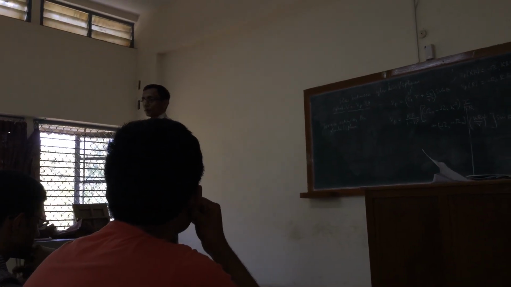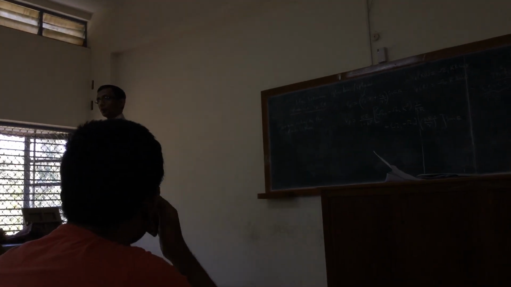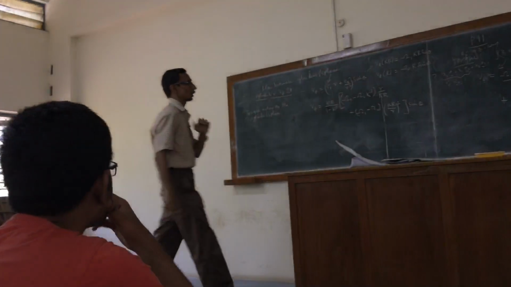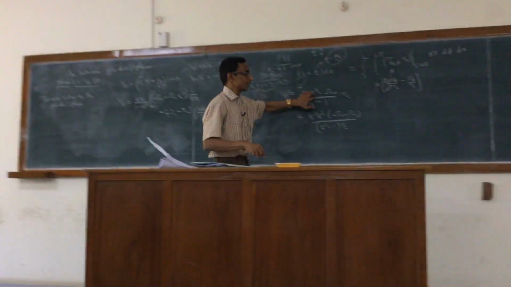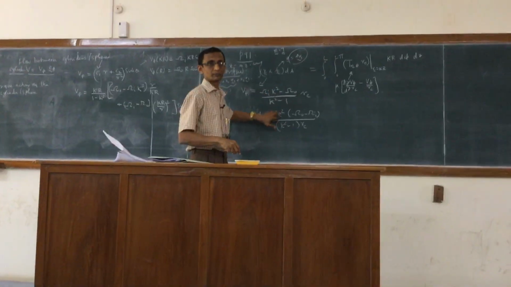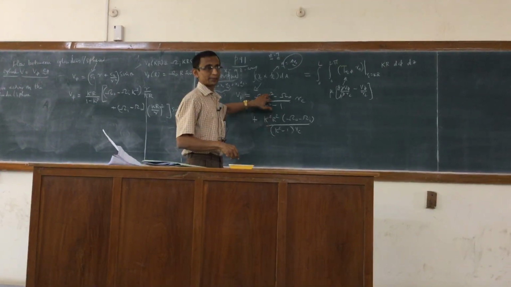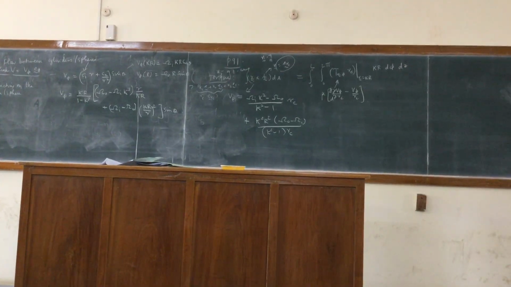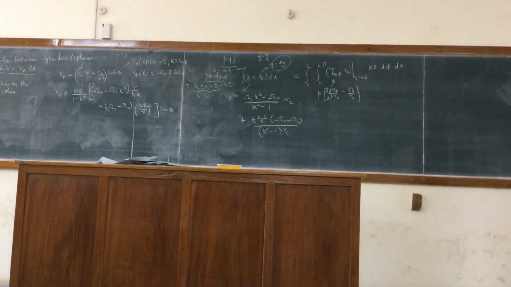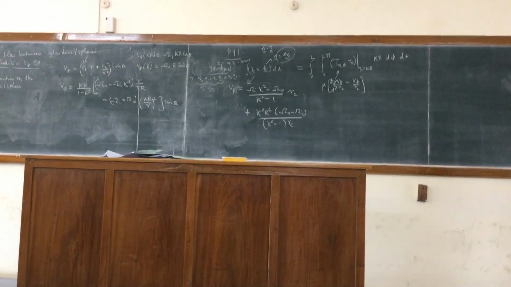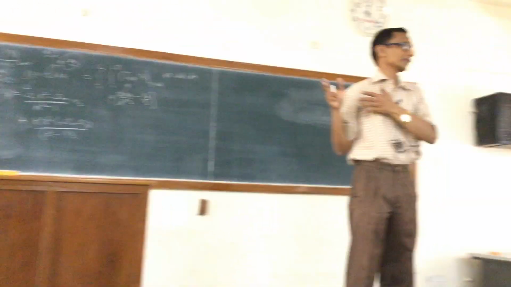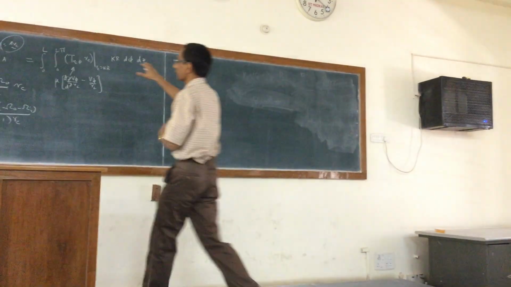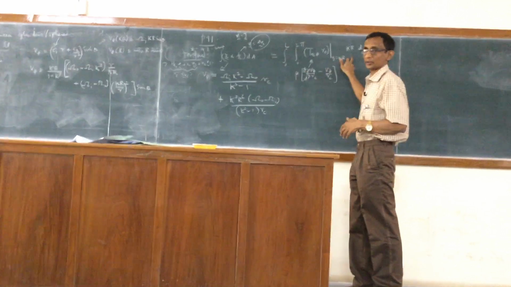So if you want a component along X, Y and Z, you will have to reconvert, and you will find that because none of the stress components has any phi dependence, you have a cos phi and sin phi coming, and the integral from 0 to 2 pi of those would be 0 for the X and Y components. That is why the X and Y components vanish, and you will get this for the Z component.